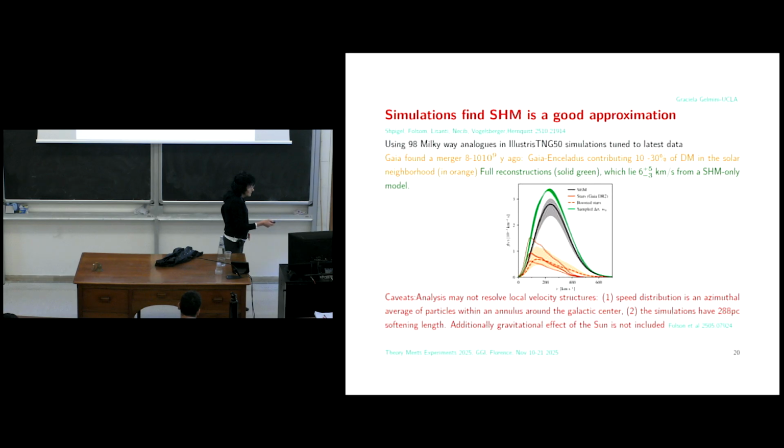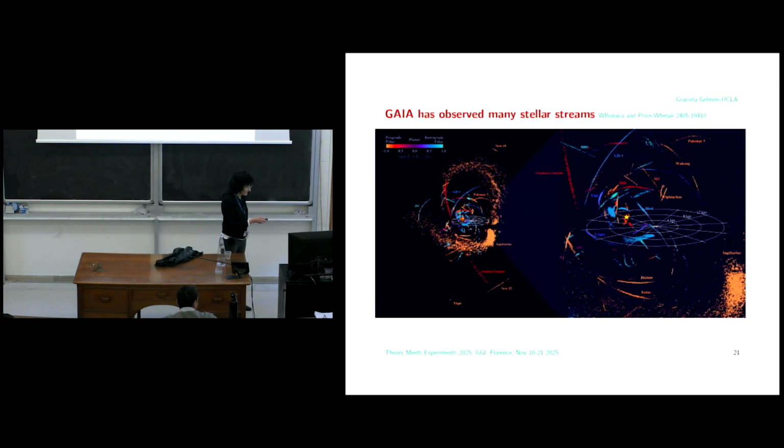Also, the simulations have, I cannot read well, almost 300 parsecs of softening length. That means you cannot see whatever is inside 300 parsecs. Additionally, they didn't take into account any gravitational effect from the Sun. So this is a sort of smooth component.